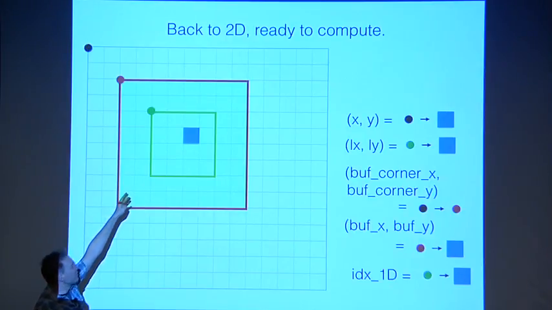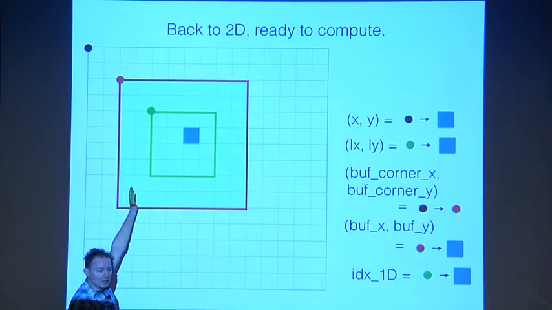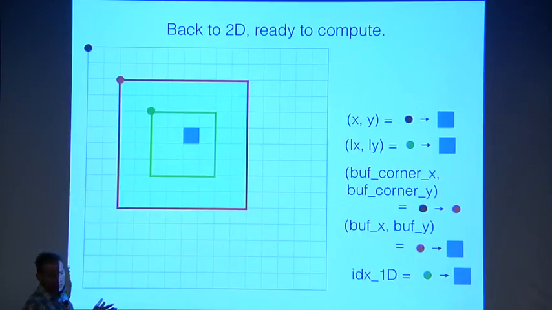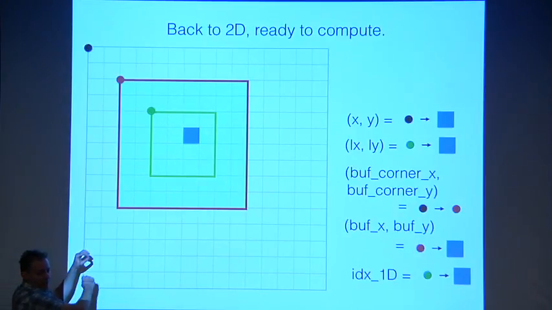So at that point, I've generated conflicts if these are only serviced by one or two banks. And it's the natural way to code: loop over my neighborhood in this order. It doesn't really matter what order I loop over it. I could loop across the 5 by 5, or I could loop this way.